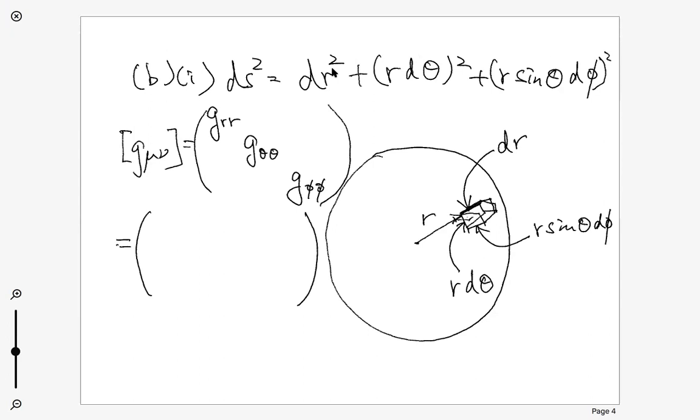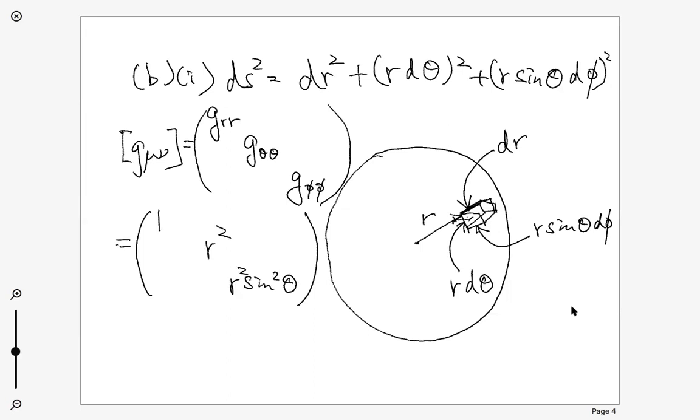Okay, Yato and Liv and Winky have given the correct answer. Yes, very good. It should be 1 for g_rr, r squared for g_theta theta, and r squared sine squared theta for g_phi phi.